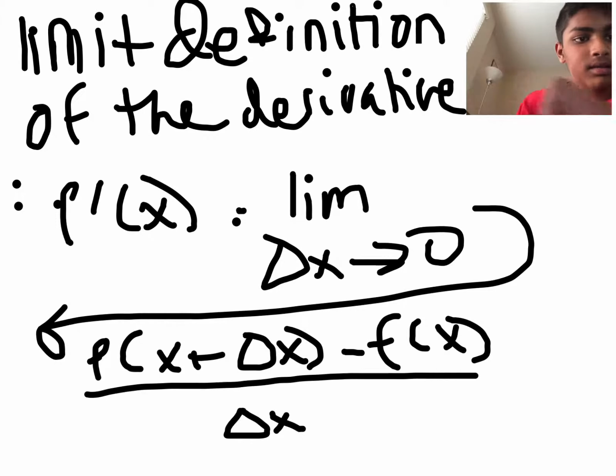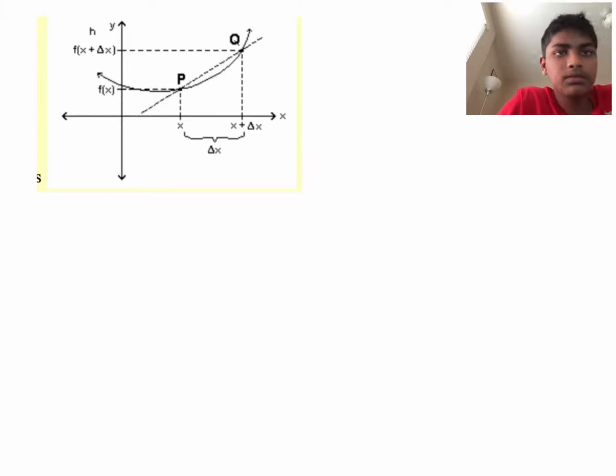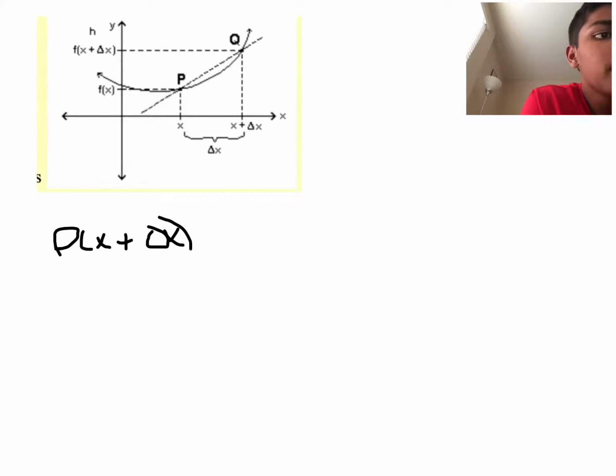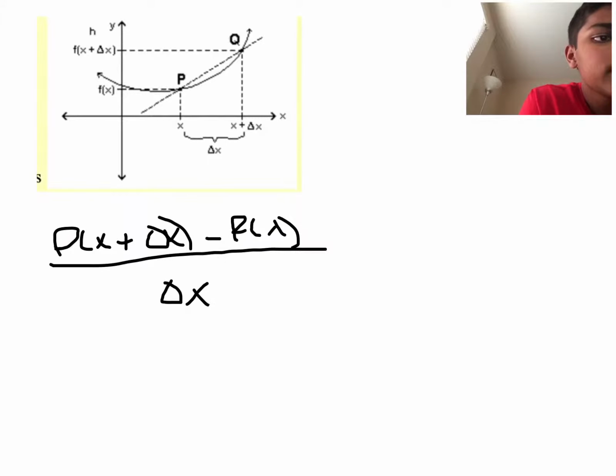Let's move on. Here we have a graph going through P and Q at x and x plus delta x. The slope of the secant line here is f of x plus delta x minus f of x all over delta x.